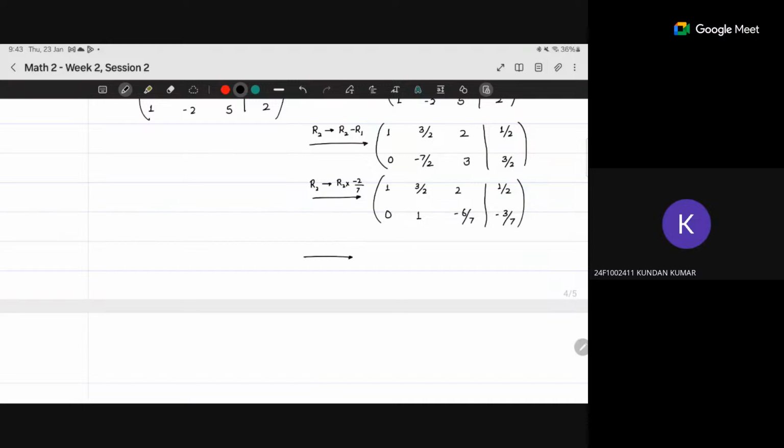But for RREF, what do I need now? I need this 3 by 2 to be 0. So R1 will be R1 minus 3 by 2 times R2. What I'll get is this has to be 0 by definition. And what are the other entries?